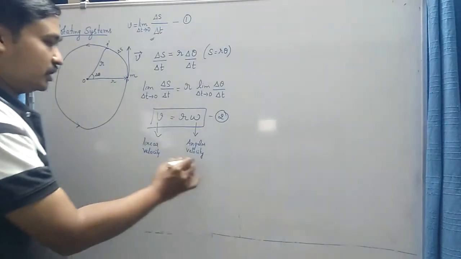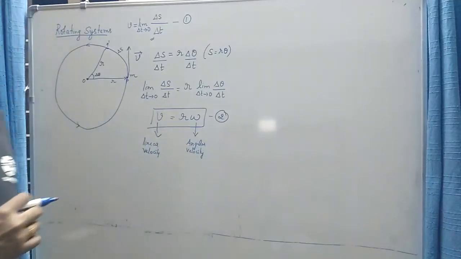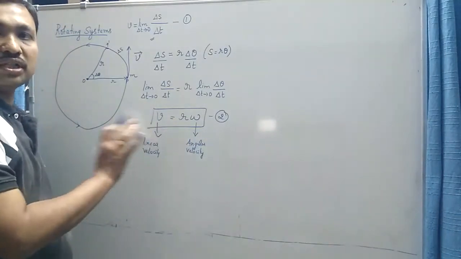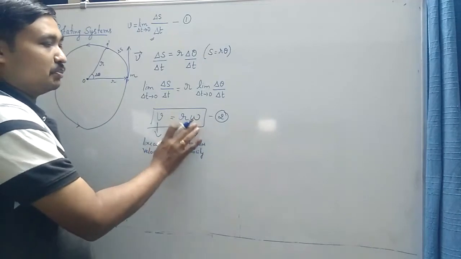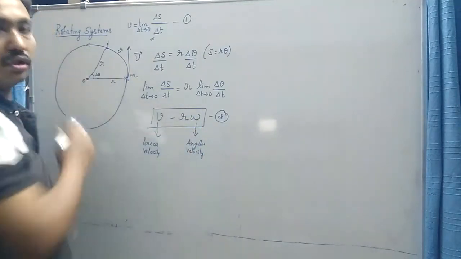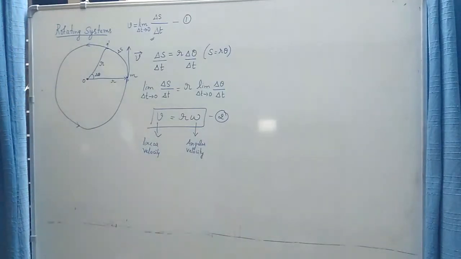So the role played by velocity v in linear motion is replaced by angular velocity in circular or rotational motion.